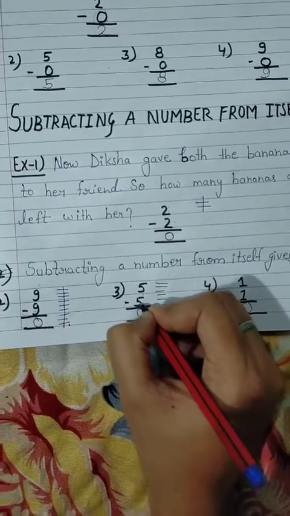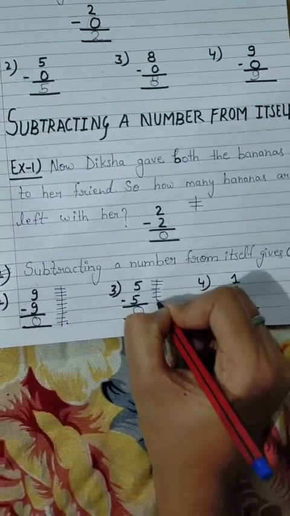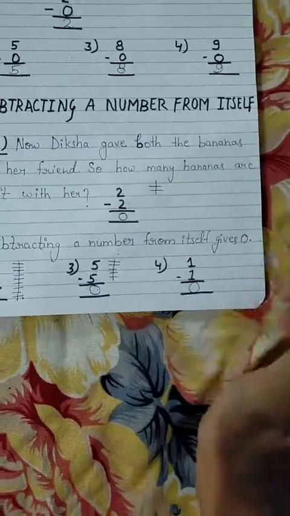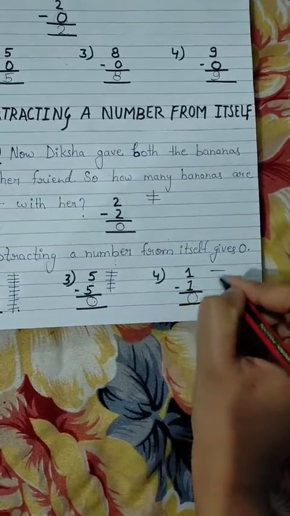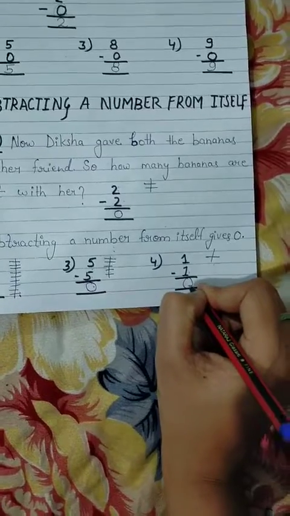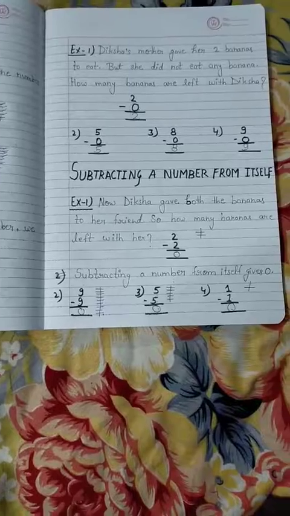Now how many lines do you have to cut? 1, 2, 3, 4, 5. Now how many lines are left here? 0 lines. Okay, now 1 minus 1. That is, you have to draw 1 line and then cut 1 line. Now how many lines are left? 0. So the answer is 0. Hope you understand, students.